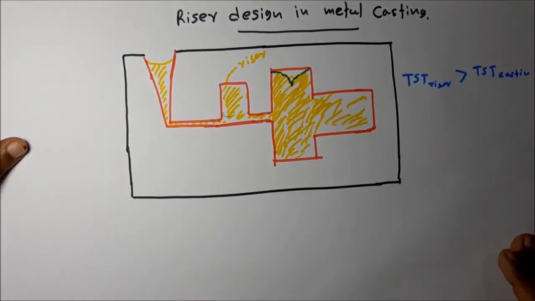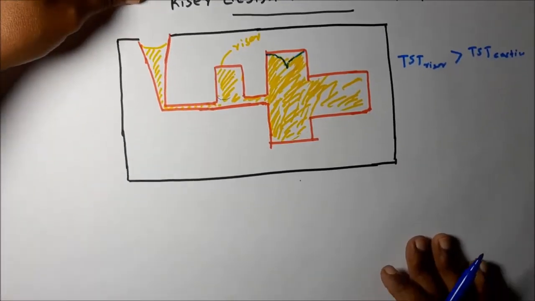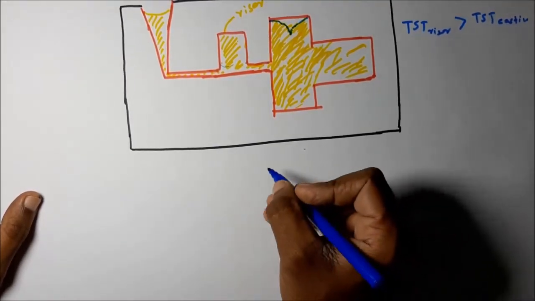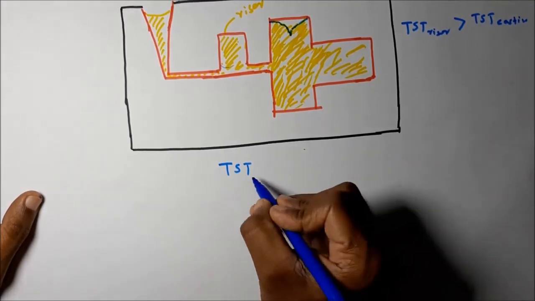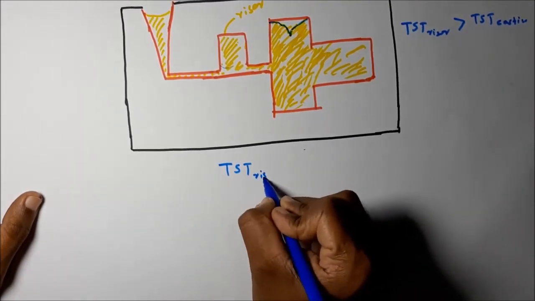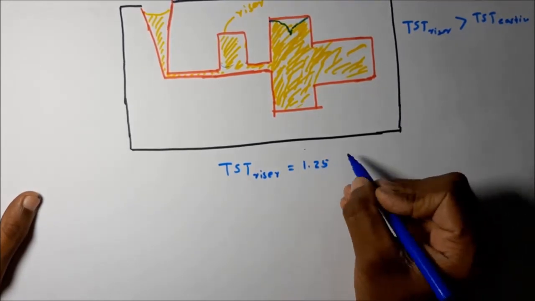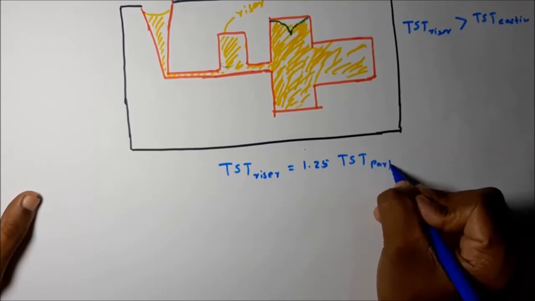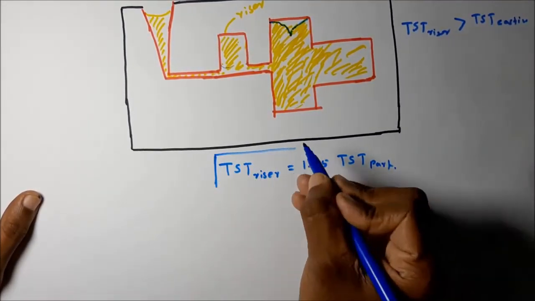Okay, this is how we are designing the risers. Then as a norm, we take this value as 1.25 times. That means the total solidification time of the riser is equal to 1.25 times the total solidification time of the part.